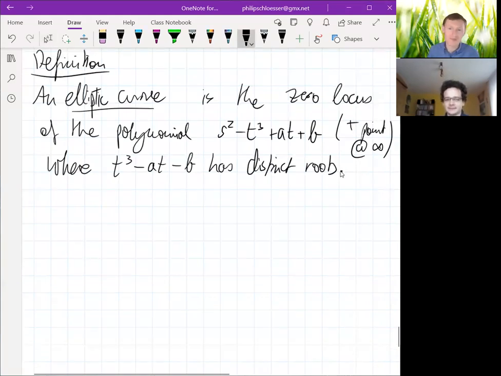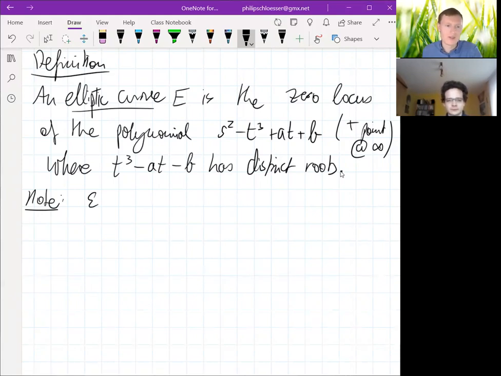But anyway, one thing to note is that although we have defined them as projective varieties, we can analytify them because it's smooth.